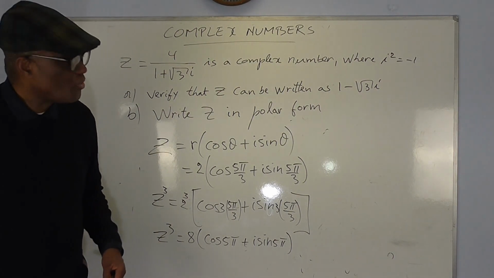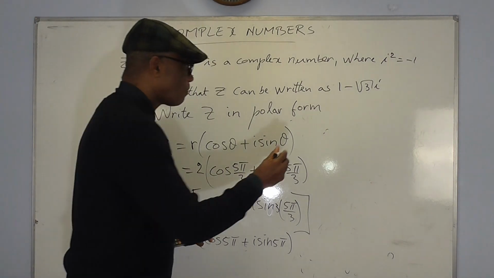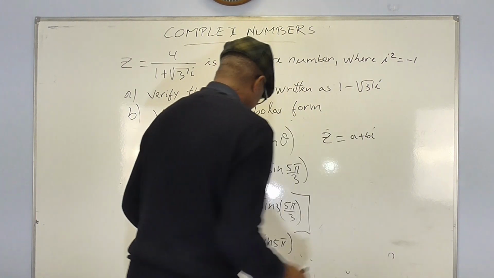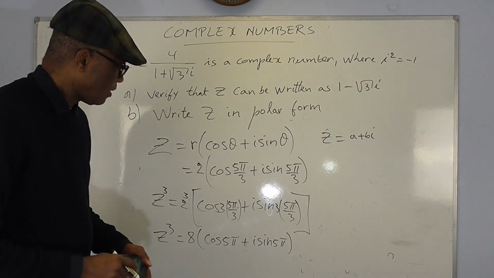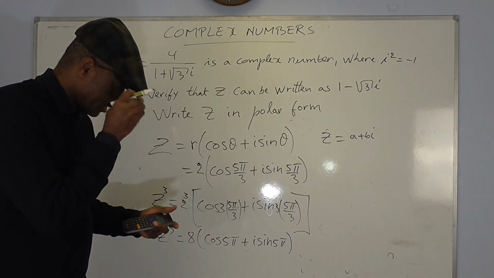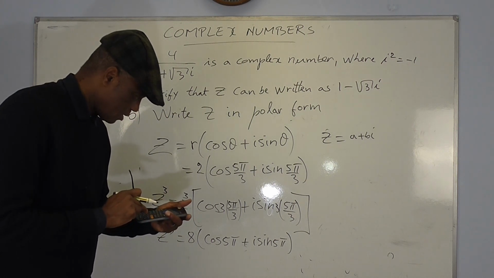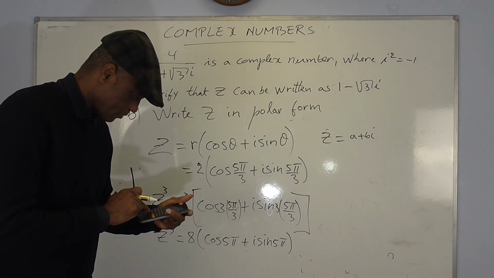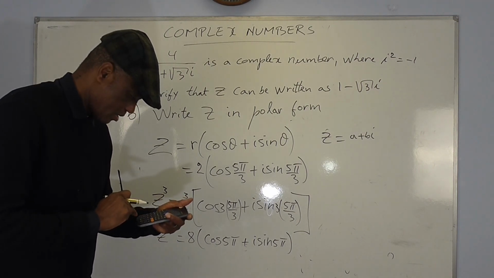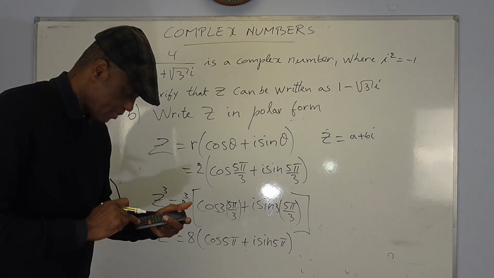They said to write it in the form Z equal to a plus bi, so now we need to write this in that form. We write the cos of 5 pi, which is 5 multiplied by 180 degrees.